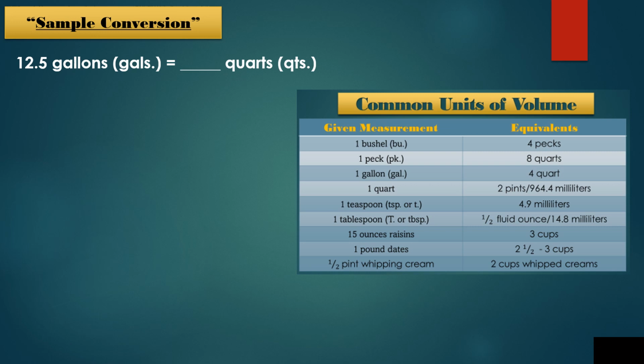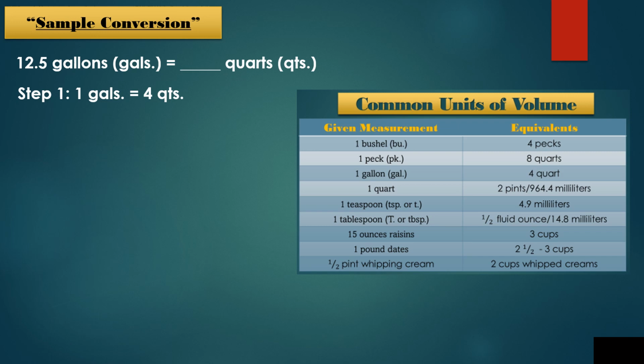So, hahanapin ngayon natin dito sa table yung kanyang equivalent. Yung step 1 natin is to identify the value that will be used in conversion. Yung step 1 natin is yung 1 gal. Nandito siya. 1 gal is equivalent to 4 quarts. So 1 gallon is equivalent to 4 quarts.